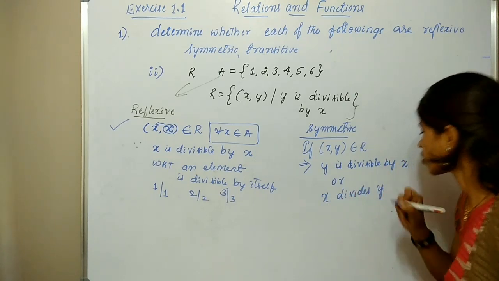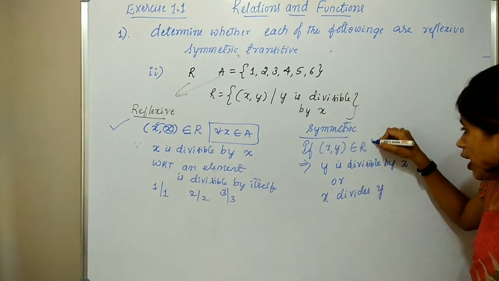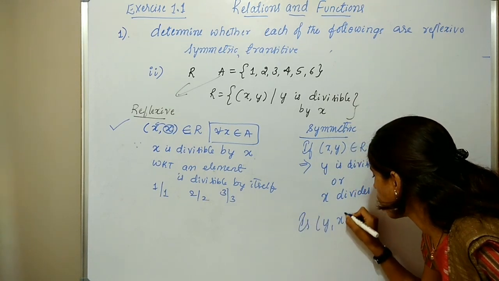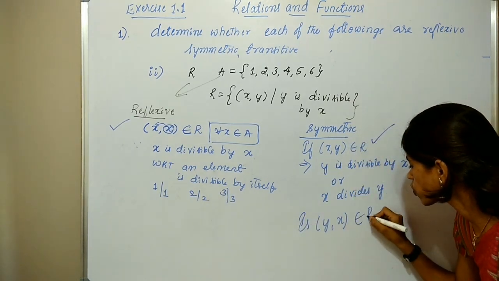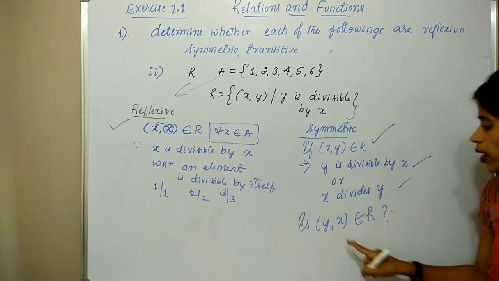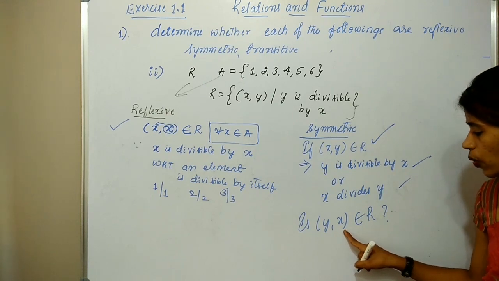Okay. Next, y comma x, the opposite of this, must belong to R. x comma y belongs to R means this one. But what about y comma x? Does it belong to R? No. Why?